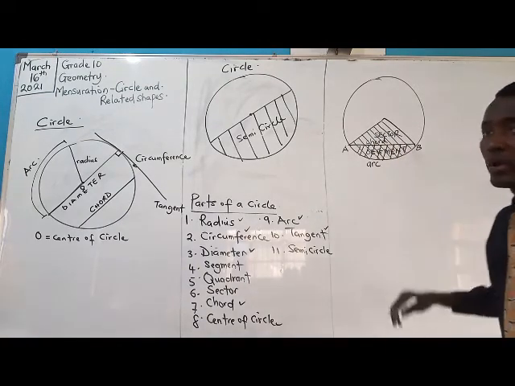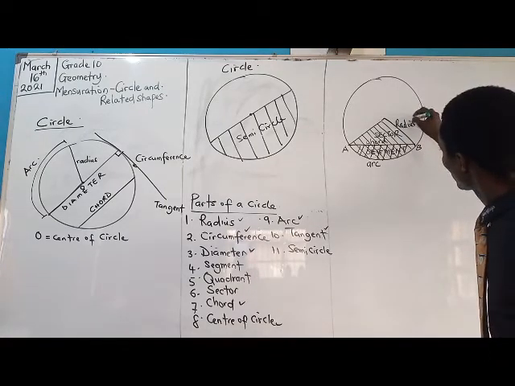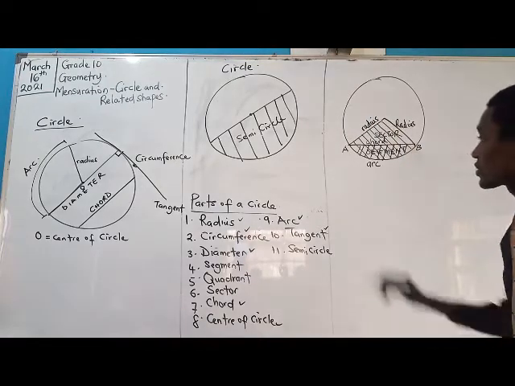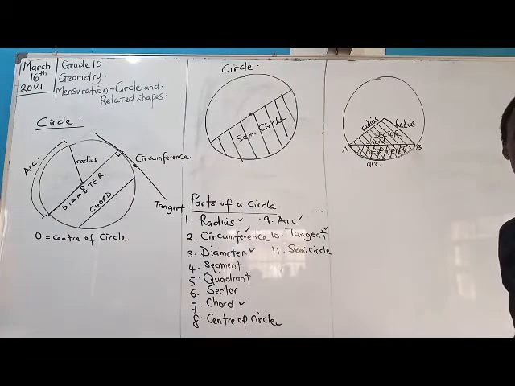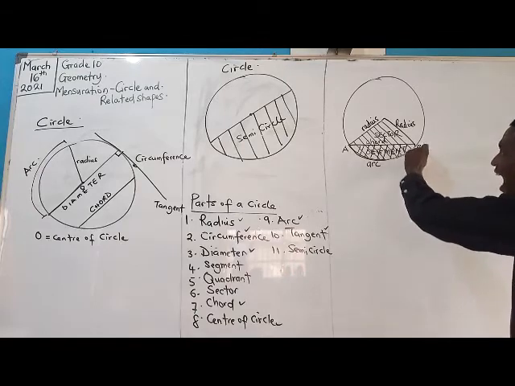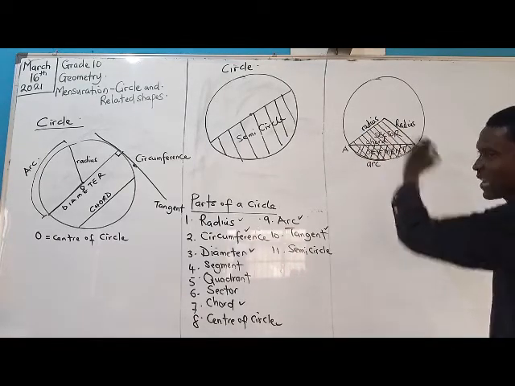Why is it a sector? It is bounded by this one radius, this is another radius, and this is an arc. So a sector is bounded by an arc and two radii. That's why this is called a sector.